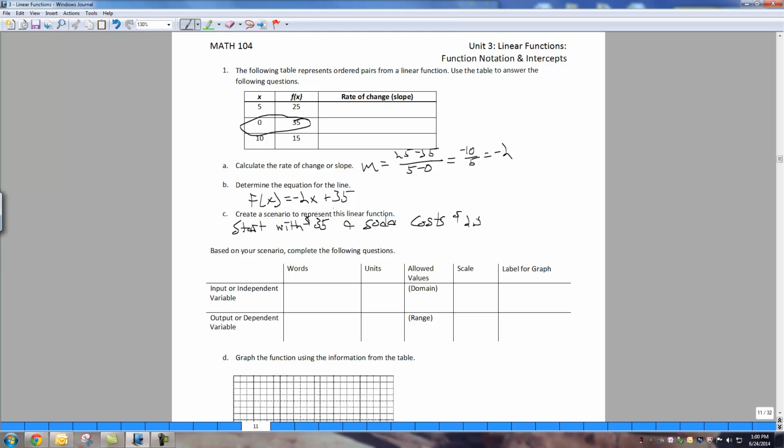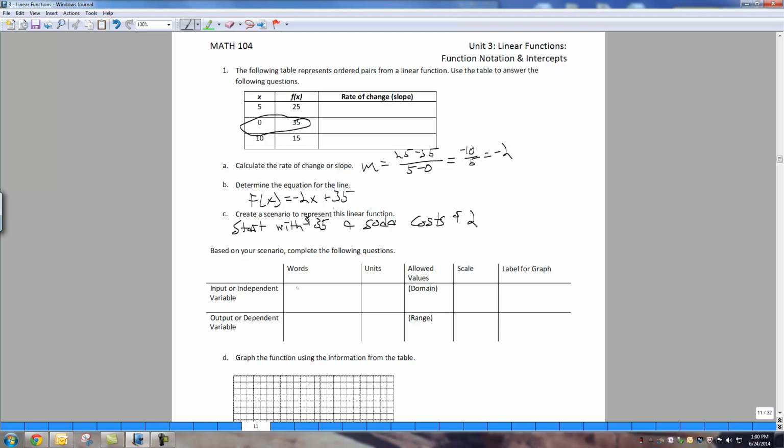No, it costs $2, it has to match my rate of change. And a soda costs $2.